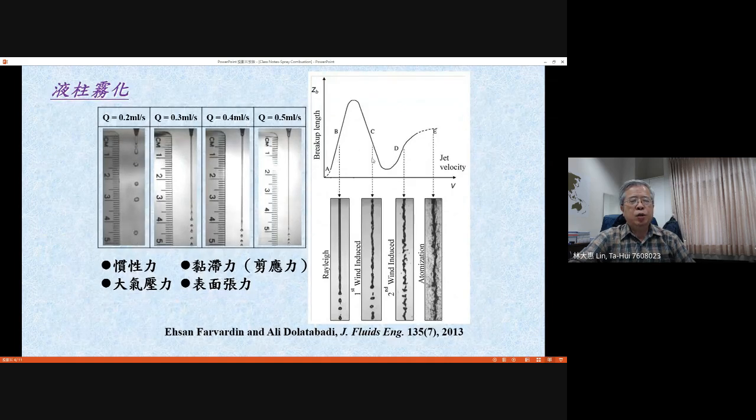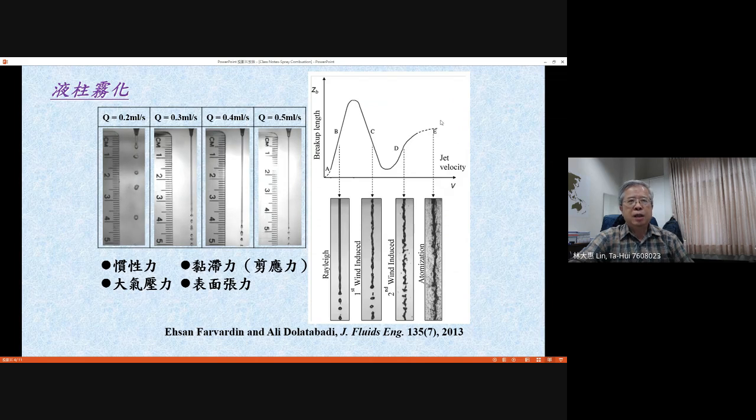But when you go to the region C, the main controlling factor comes from the aerodynamic resistance, then the breakup length will drop to the minimum. Later on, it will go to the second wind-induced influence. Okay, and this will be another mechanism. I do not have too much time to describe it.